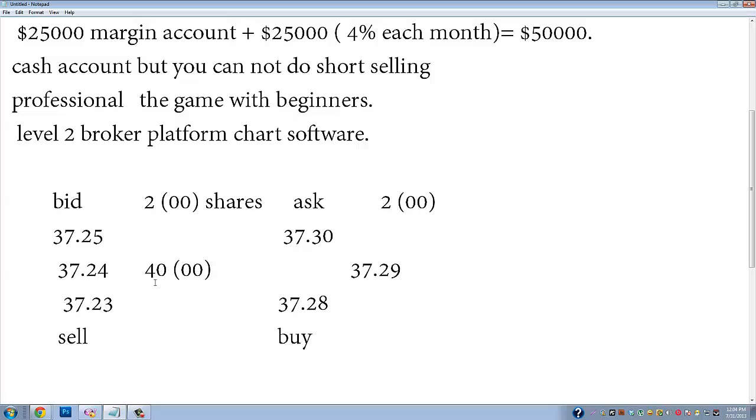Now if you don't have this, for example, someone here puts 40,000, he is selling 40,000 shares. If you don't have a level 2 platform, you don't know that someone here is selling a lot of shares, like 40,000 shares, so the price must go down.